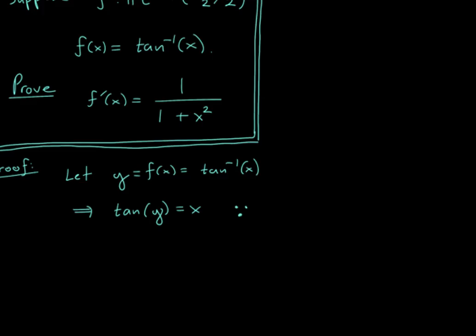So I'll write because, and in like sort of a thought bubble, I'll go with a is equal to f of b if and only if f inverse of a is equal to b.